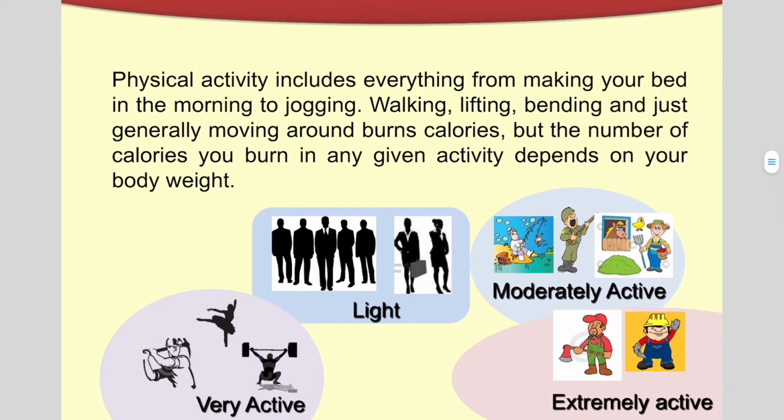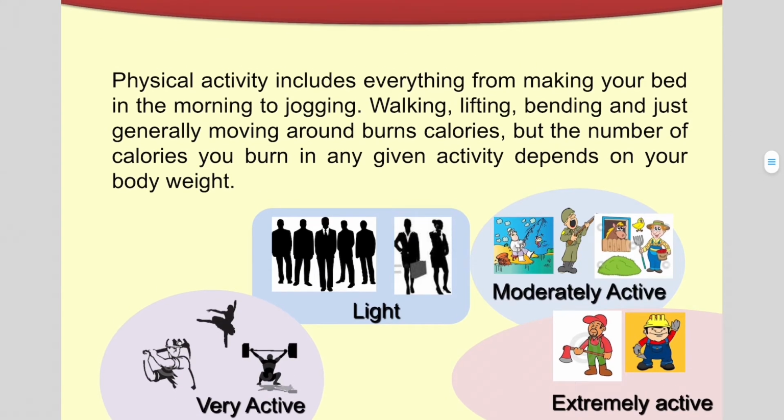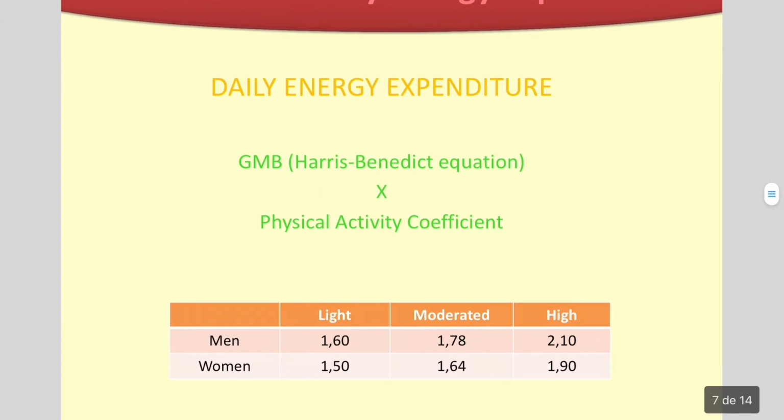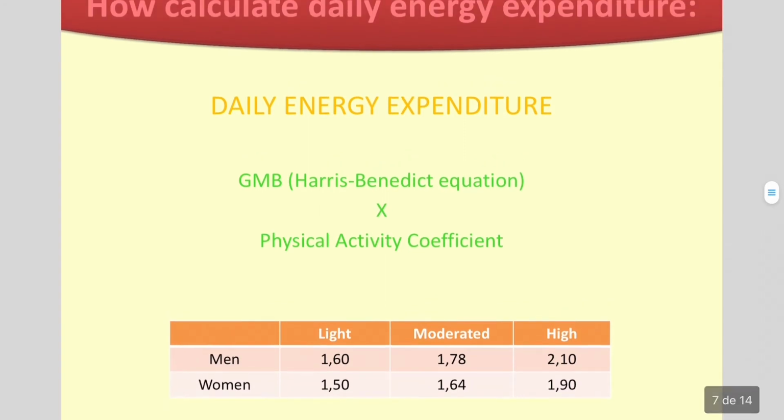So for example, you can have a light physical activity, a moderately active, a very active, or an extremely active. If you have a light physical activity, normally you will use these values.